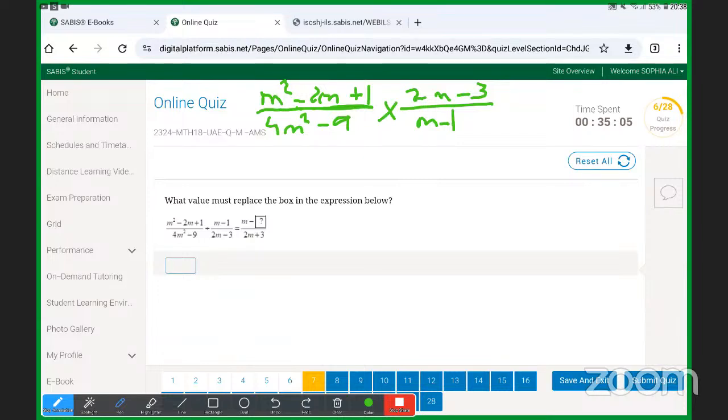So we have here 2m minus 3, great, equal to, I will continue it, m minus a question mark over 2m plus 3. That's great. So without doing any factorizations, do you remember our method from the last question?